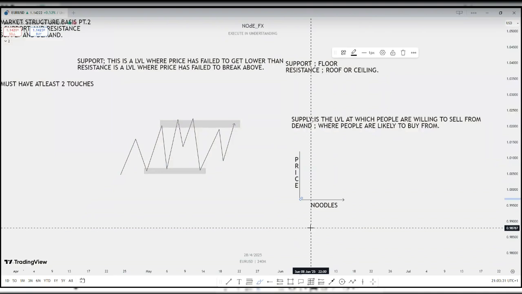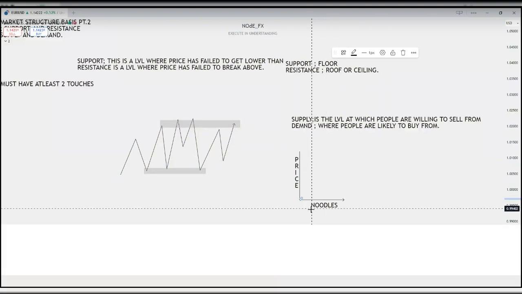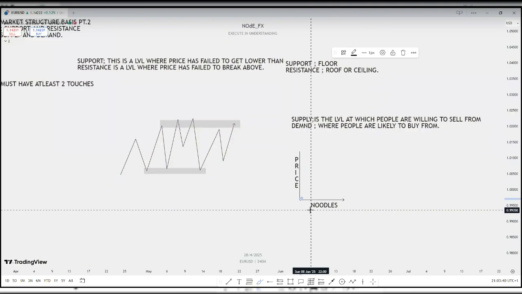Now the first thing you have to realize is that the company that has the noodles, when there's excess supply of the noodles and people don't want it, the amount at which the noodles is sold will reduce.